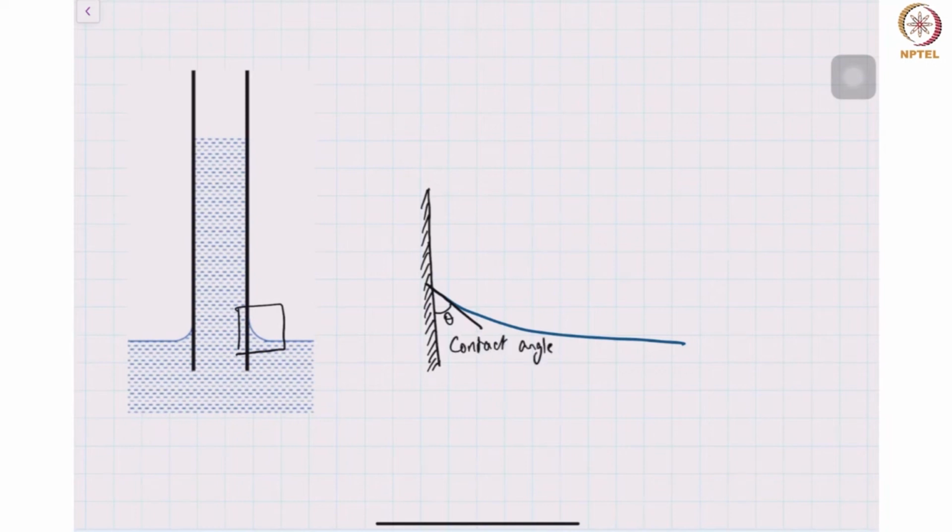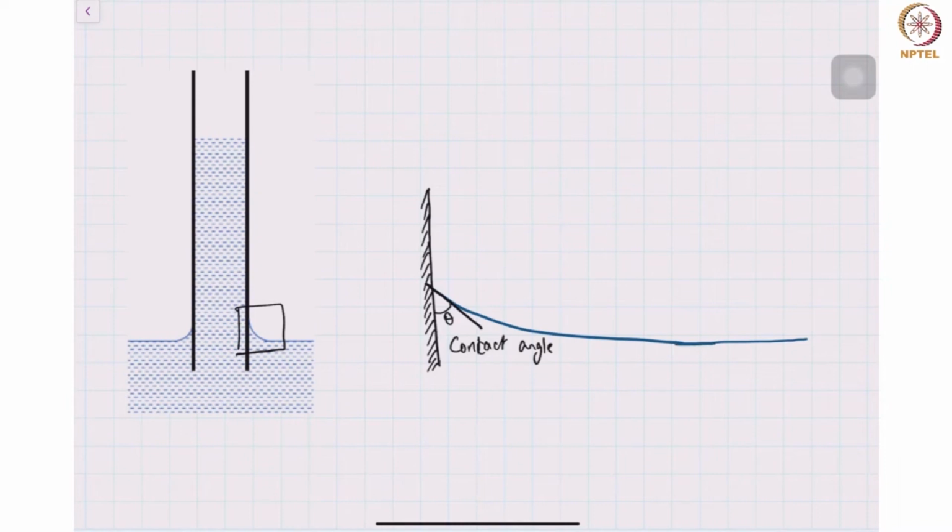Now in this particular case, it's just static, nothing is moving, so we can call it the static contact angle. And you have an interface where the interface bends, but far away the interface has to return to its horizontal state because gravity is pulling the fluid down. So there is a competition between gravity and surface tension, and a natural length scale emerges.